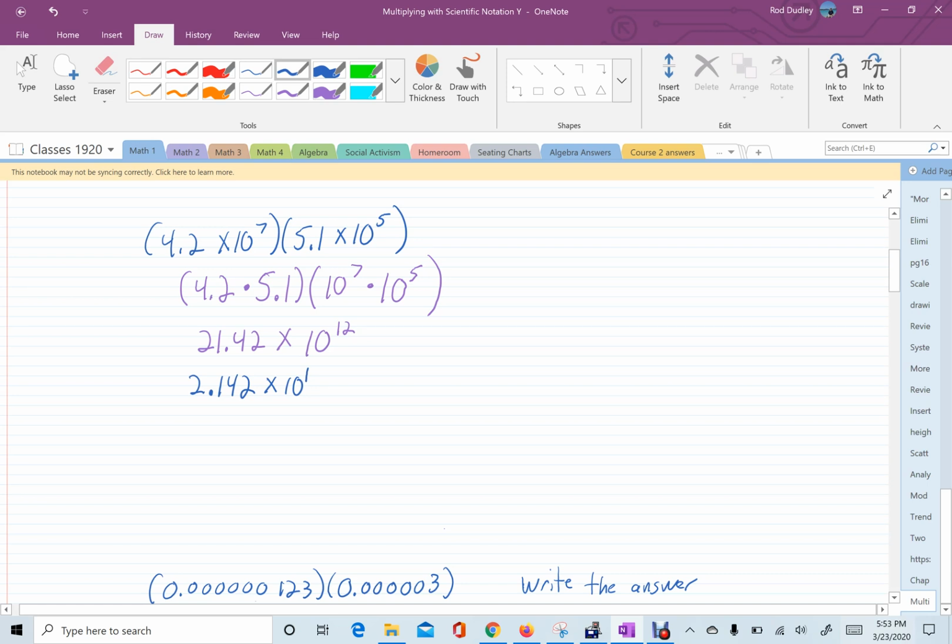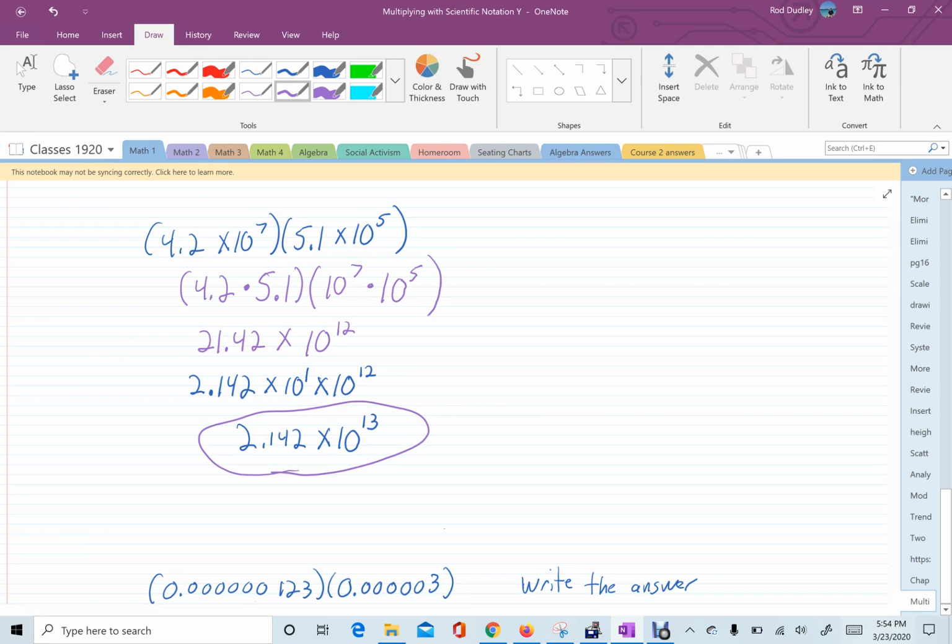That's what 21.42 is. And then times 10 to the 12th gives us 2.142 times 10 to the 13th power. And that would be our answer. Okay, that's in scientific notation.